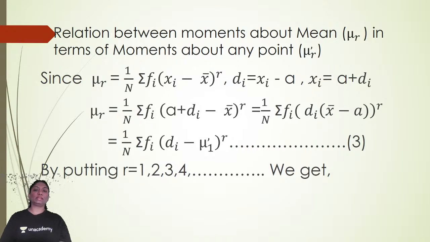So what is the relation between moment about mean and moment about any point a? We know that mu r is equal to 1 upon n summation of fi into xi minus x bar bracket raised to r, from equation 1, where di is the deviation of xi from a, right?